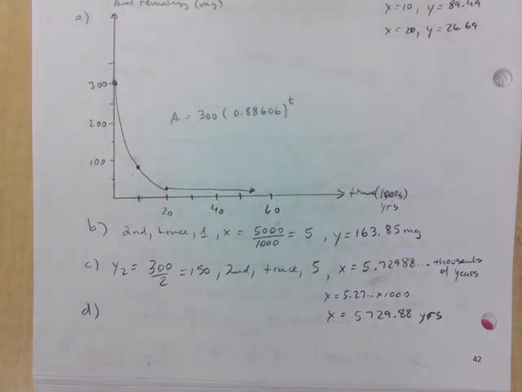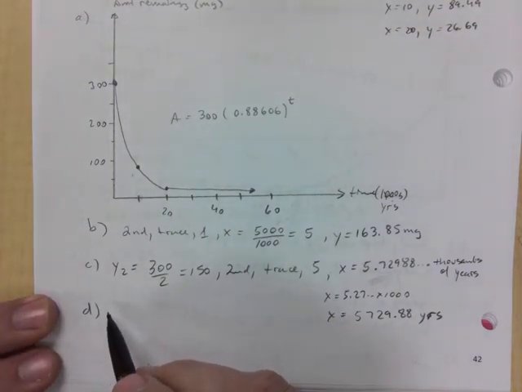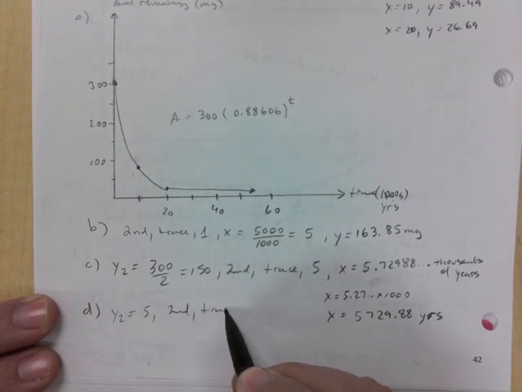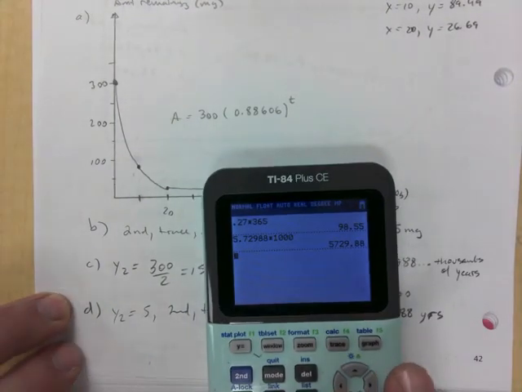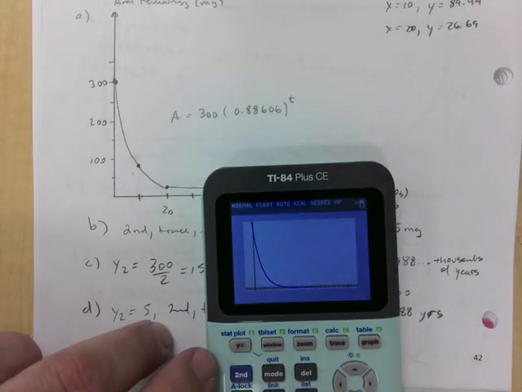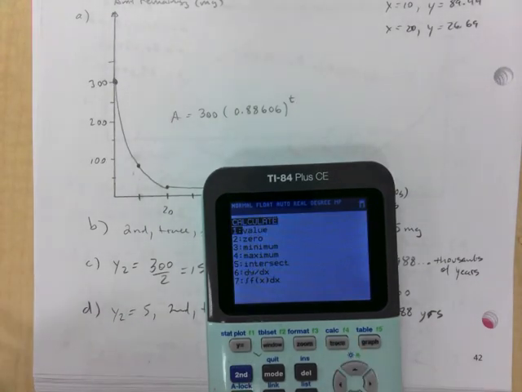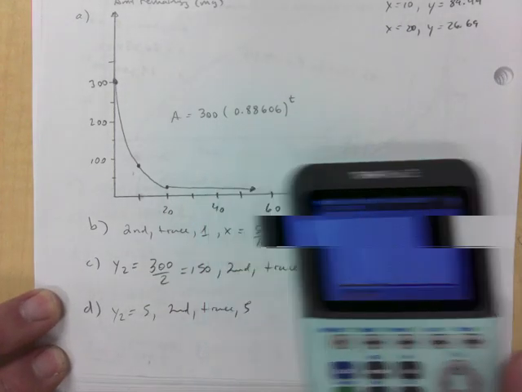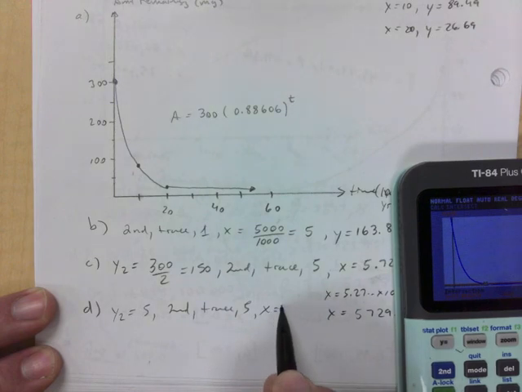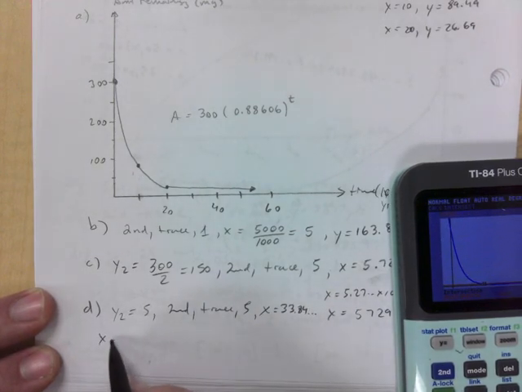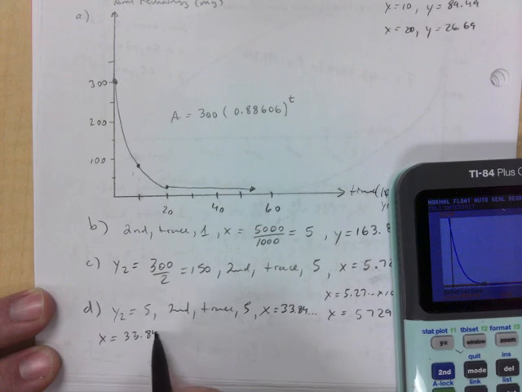How long will it take for only 5 milligrams to be left? So y2 is equal to 5, second trace 5, right? y2 is equal to 5. 33.84, right? So I'm going to say 33.84 times 1,000.